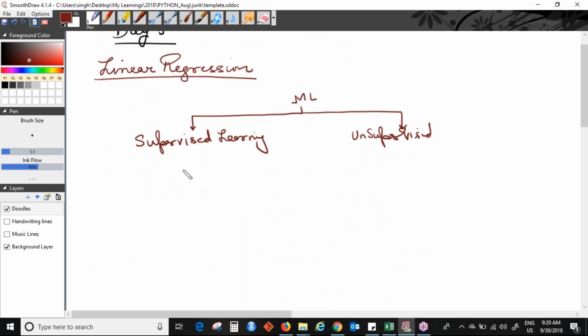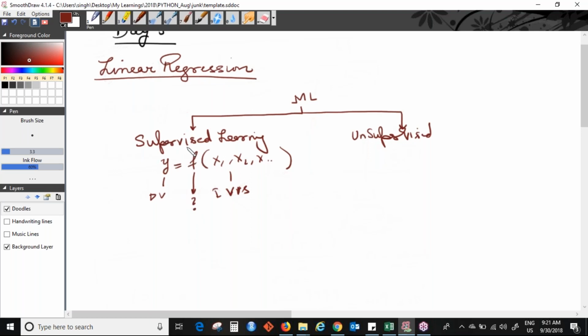Okay. So what is supervised learning? Supervised learning is that kind of machine learning where we try to find this function. We have talked extensively about this even in the introduction video. Whenever there is a relationship like this where you have a dependent variable and some independent variables and you try to find a relationship between them, this is called supervised learning.